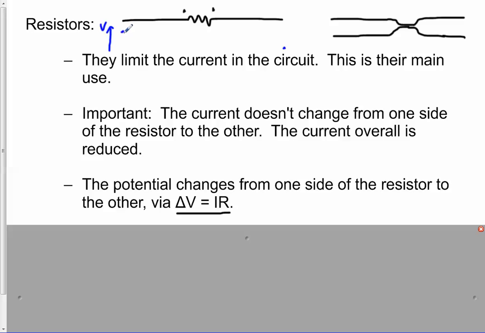Well, that V will only drop a little bit as we go along the wire, because there's not much resistance there. And then right at the resistor, it'll drop a lot. And then again, for the rest of the wire, it'll drop just a tiny, tiny bit. So the drop in voltage from one side to the other is almost all happening right at the resistor.